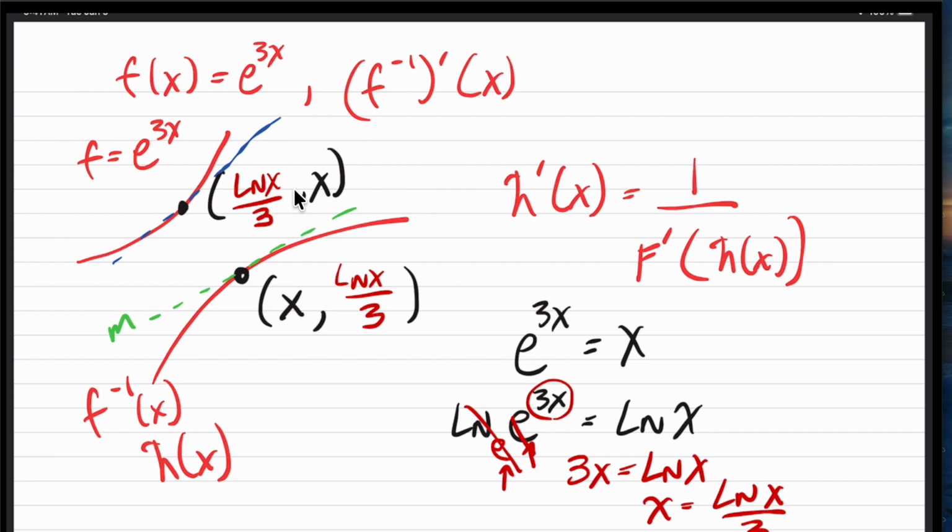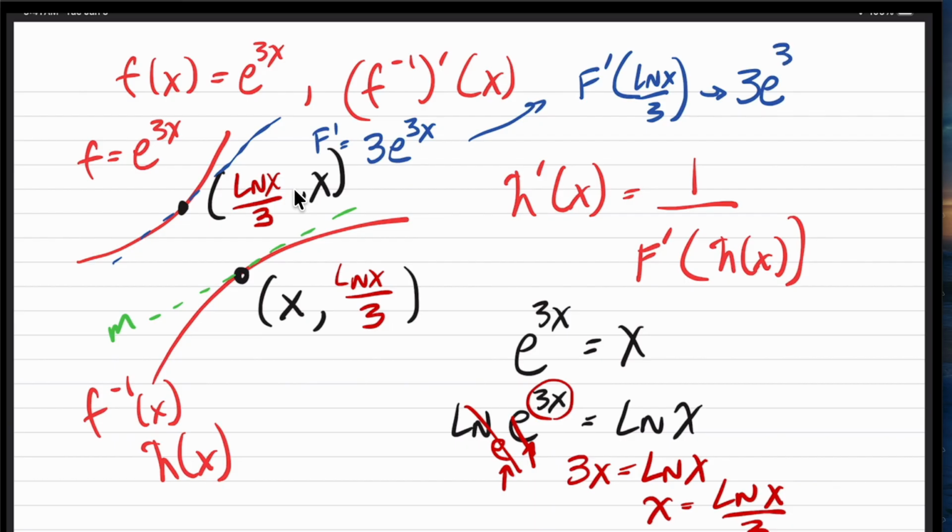Okay, so we need to find f prime. F prime is going to be 3e to the 3x. We're going to take f prime of ln of x over 3. So that means we're going to have 3e to the 3 times ln x over 3. That's going to equal 3e to the ln of x.